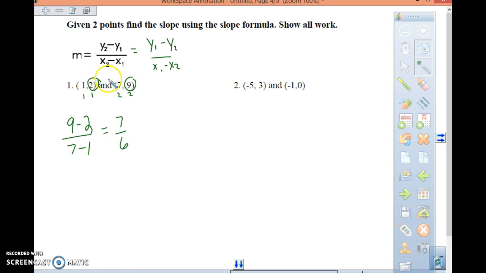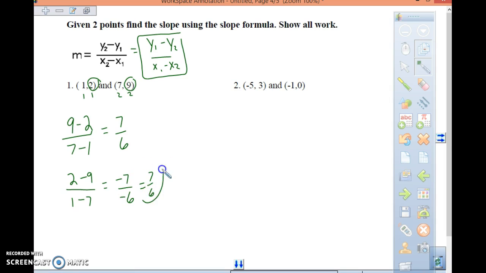If I would have chose to follow the pattern first number minus second number, like the second formula says, I would get 2 minus 9 over 1 minus 7, which would simplify to 7 over 6. We would never write our slope as a mixed number. Pause the video and try number 2 on your scratch sheet of paper.